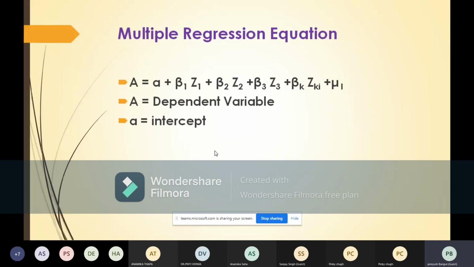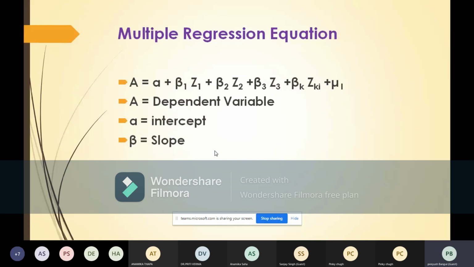Alpha is your intercept. The intercept will always be 1. There is no other intercept in the equation, like we learned from the graph when we studied it in the MBA. We have only one intercept, where these two lines will cut each other. Now, beta is your slope.